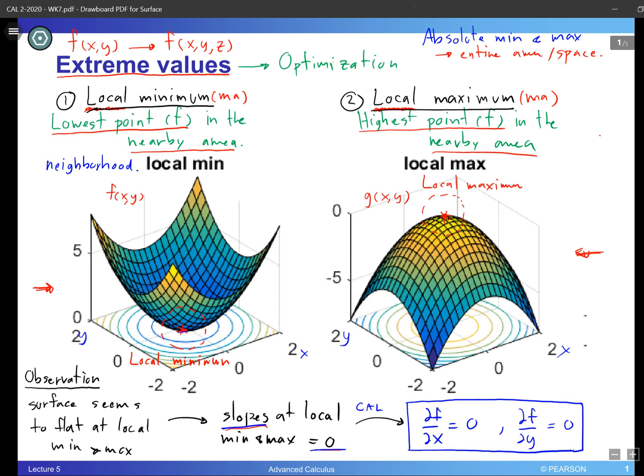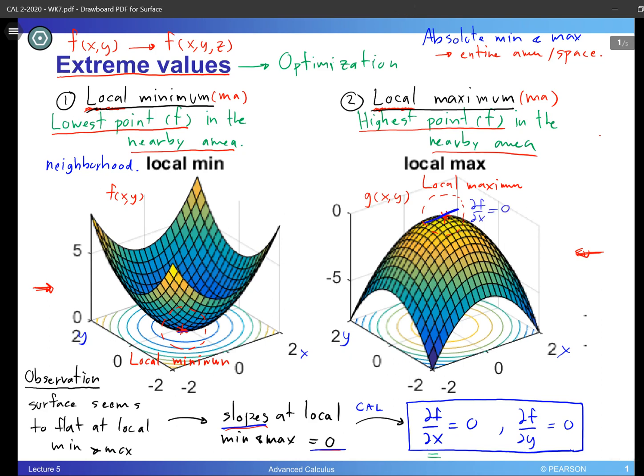So let's take a look at df by dx equal to 0. It's going to be the change of the function value at this point, moving in the x direction, and it's going to be this x direction. And right here, this represents df by dx equal to 0. It's supposed to be flat.